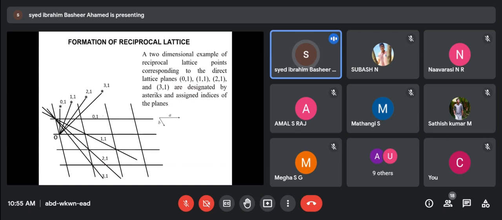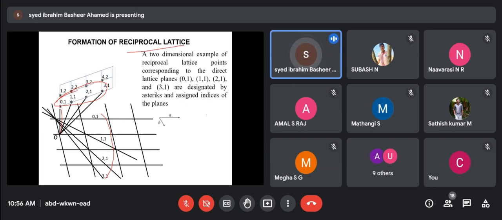Here you can see these normals to planes from a common origin. You terminate at a distance 1 by d_hkl. For this lattice point 0, 1, you put a star, and for 1, 1, you put another line and a star. So all the reciprocal points are indicated here, and this set of points indicates the reciprocal lattice.